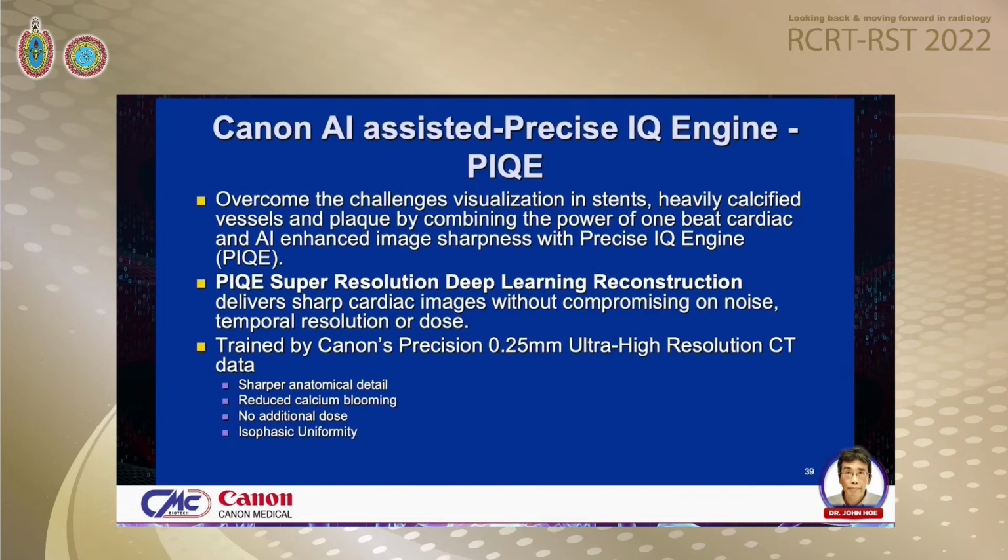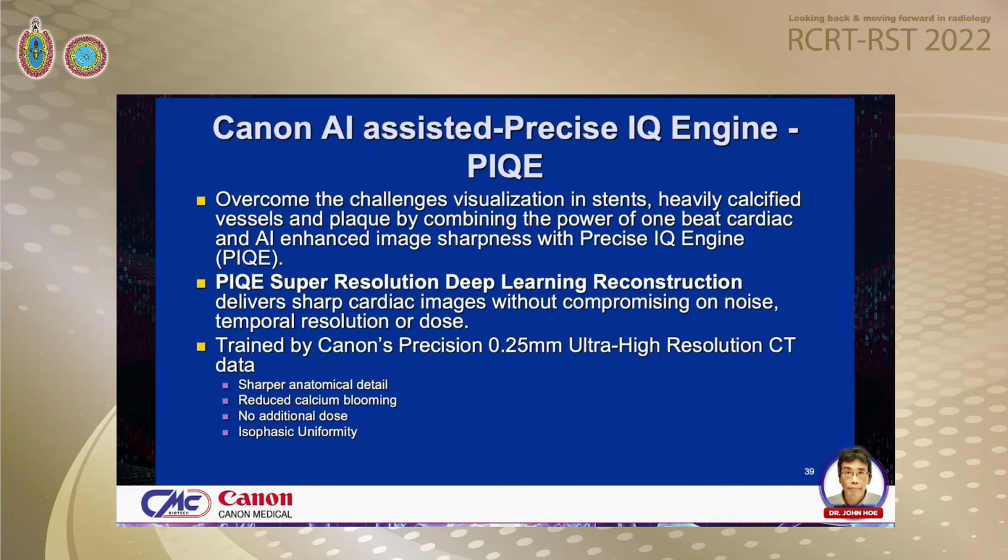Canon has released new AI-assisted software called PEAK. To overcome the challenges of visualization in stents and heavily calcified vessels and plaque, this software produces sharp image quality without compromising on noise and temporal resolution or dose.